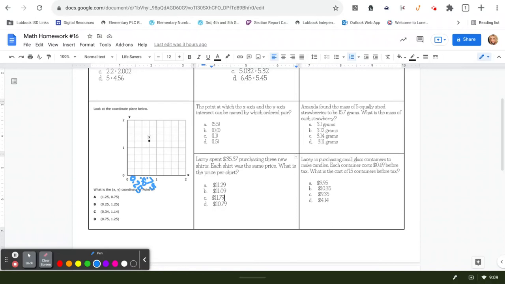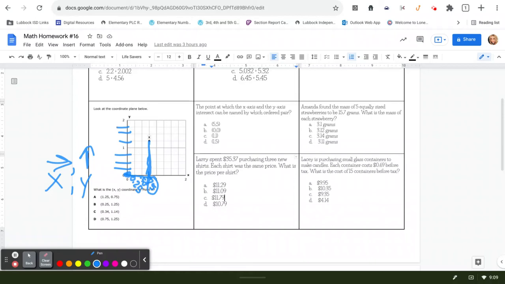Remember, we have to go in the house before we can go up the stairs. So let's go over first, starting at our origin, 0, 0. That's where our X and Y intersect, right? We're going to go over 1, 2, 3. That's 75 hundredths. And we're going to go up to 1 and 25 hundredths. If you need to label every single one, do that.